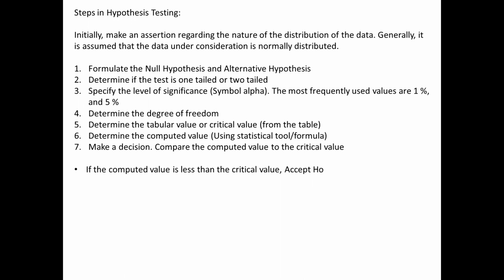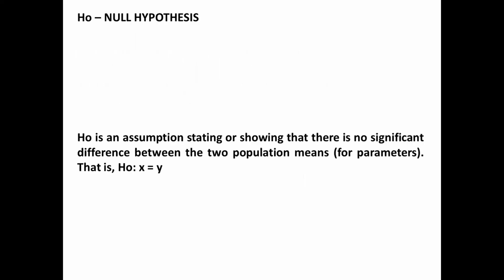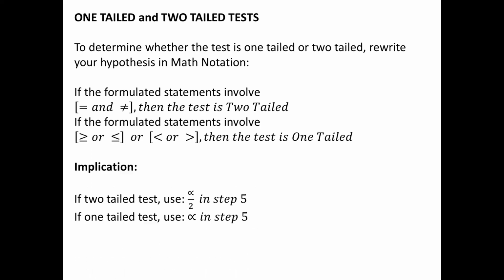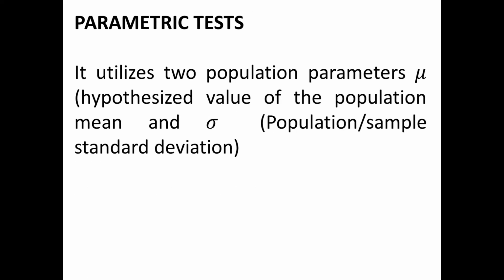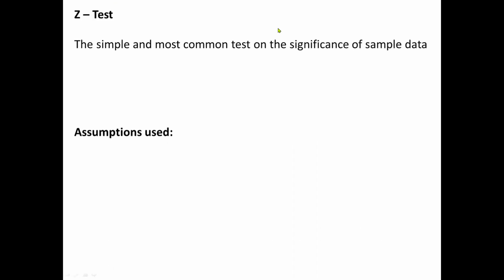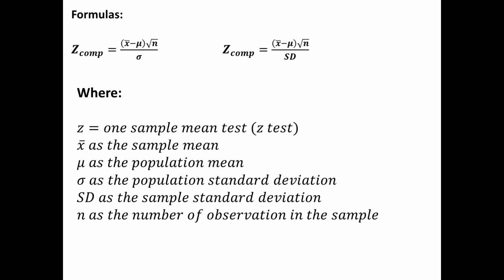If the computed is less than the critical, accept the null. But if the computed is greater than the critical value, reject the null hypothesis. So in our situation in this given problem that I am showing you, na nakalculate na natin, in this specific problem, tandaan niyo yung mga terms na yon.